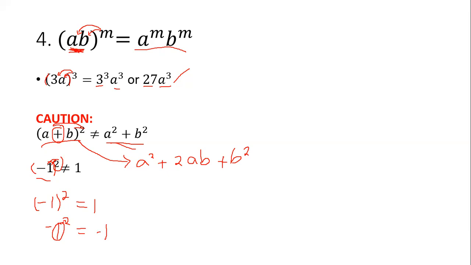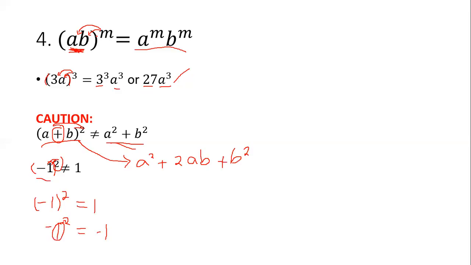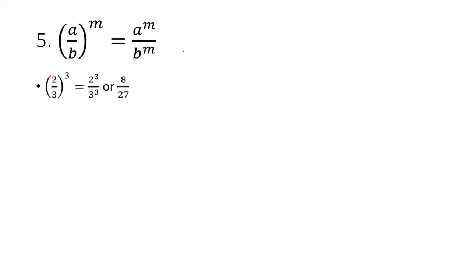Okay? So remember those. Marami kayong may encounter na ganyan. Next rule, number 5. Ito na yung sinasabi ko kanina. Kapag hindi po multiplication, tulad po ng number 4, or division, tulad po ng number 5, hindi po tayo pwedeng mag-distribute ng exponents.